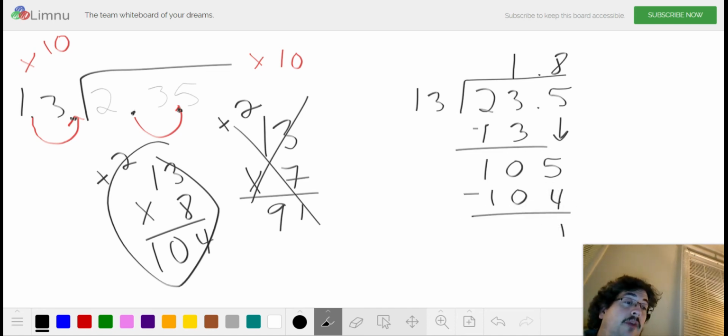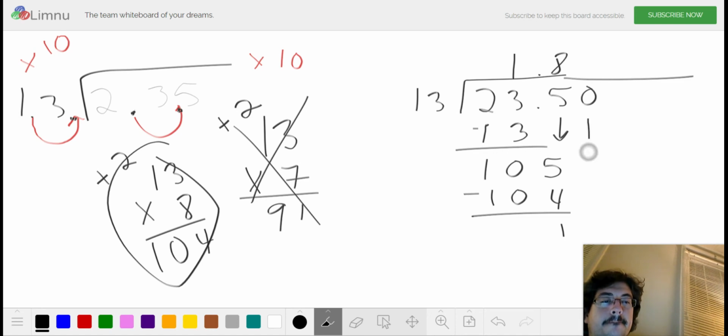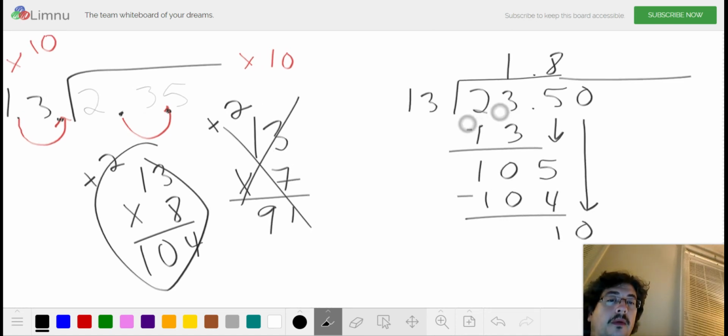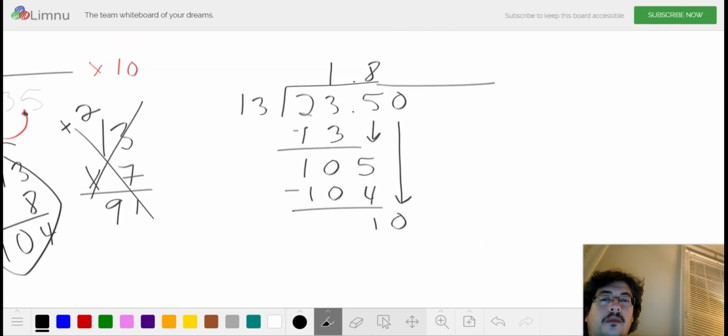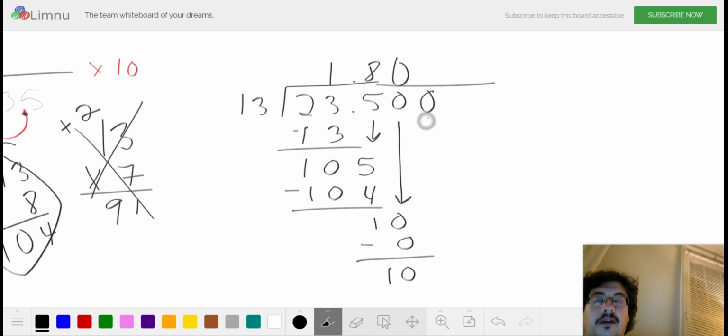Now you can keep dividing. And you can do that by adding zeros in your dividend and keep going and doing what you were doing before. So 13 does not go into 10, unfortunately. It's too big. So we'll put a 0 in the quotient. 0 times 13 is going to give us 0. And then you're going to write another 0 in the dividend.